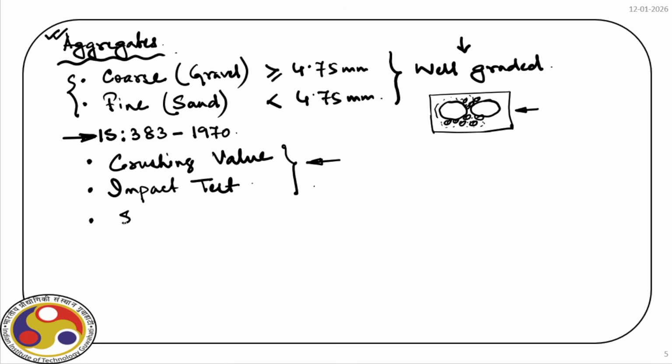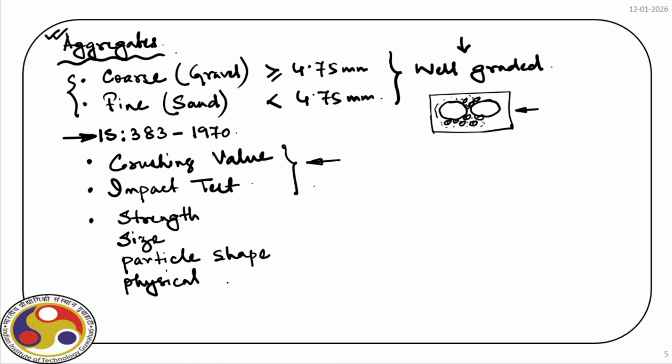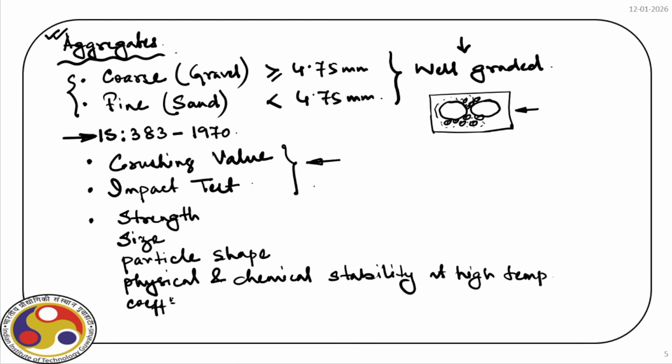So we have first strength, then size, then particle shape, physical and chemical stability at high temperature, then coefficient of thermal expansion, and finally, obviously, cost.